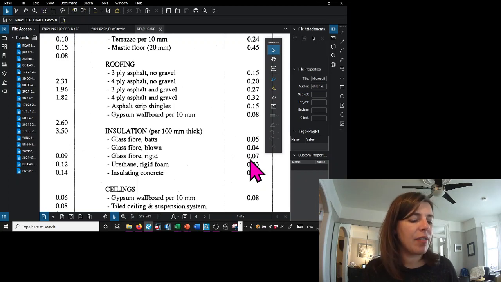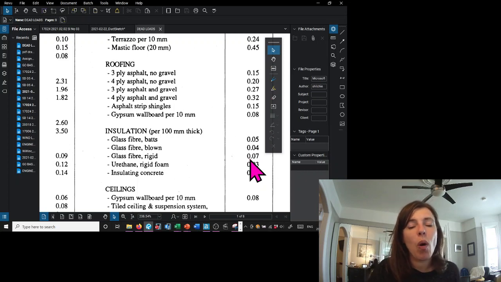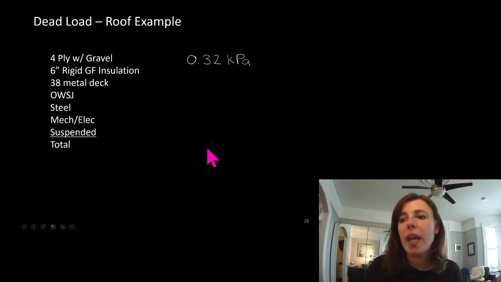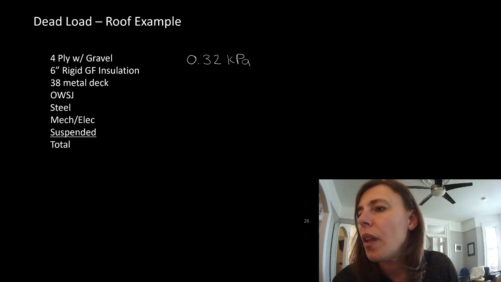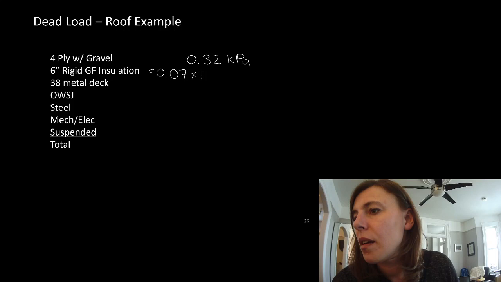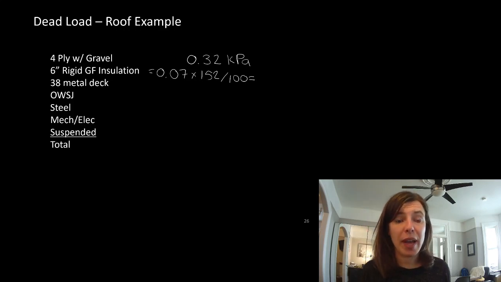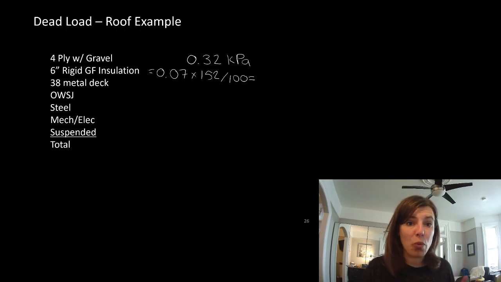We're going to have 0.107 kPa. We have 0.07 times 152 divided by 100, because we're just making a ratio there.